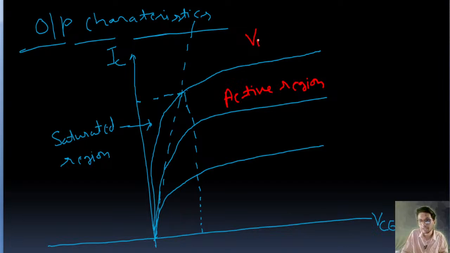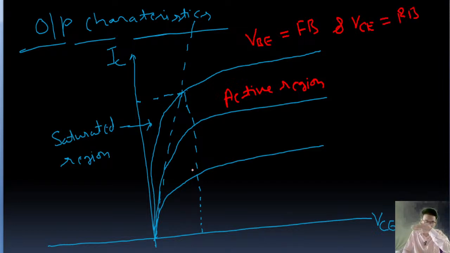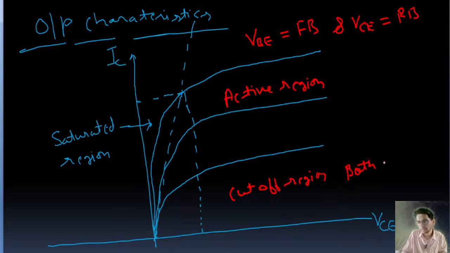Here VBE is forward bias and VCE is reverse bias in the active region. This is the cutoff region, both reverse bias, both meaning VBE and VCE.